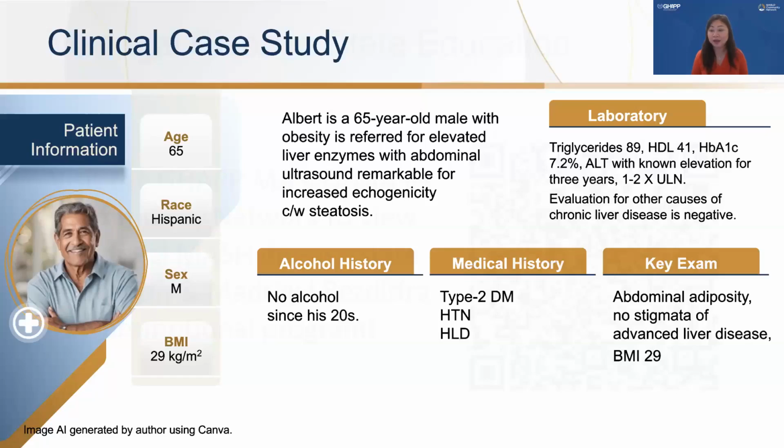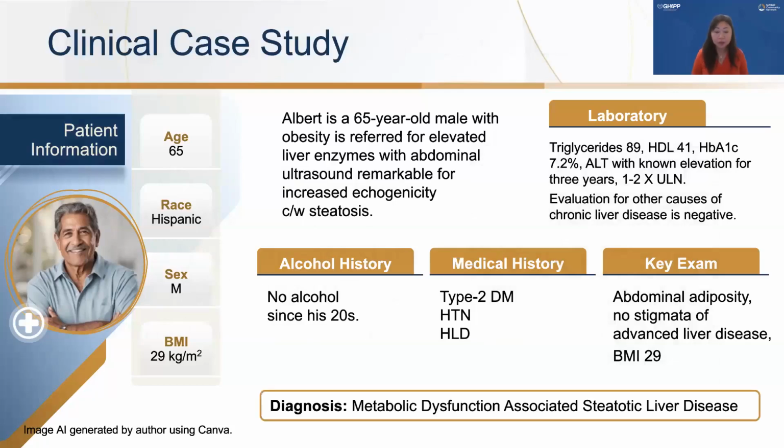On physical exam, he has abdominal adiposity, no stigmata of advanced liver disease, and his BMI is 29. So based on these findings and his labs, he has been diagnosed with metabolic dysfunction associated steatotic liver disease, or MASLD. So the next important question to find out is, what is Albert's risk for advanced fibrosis?